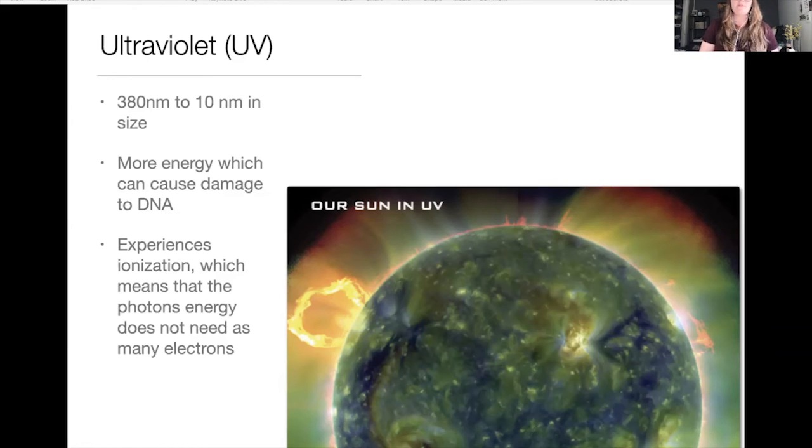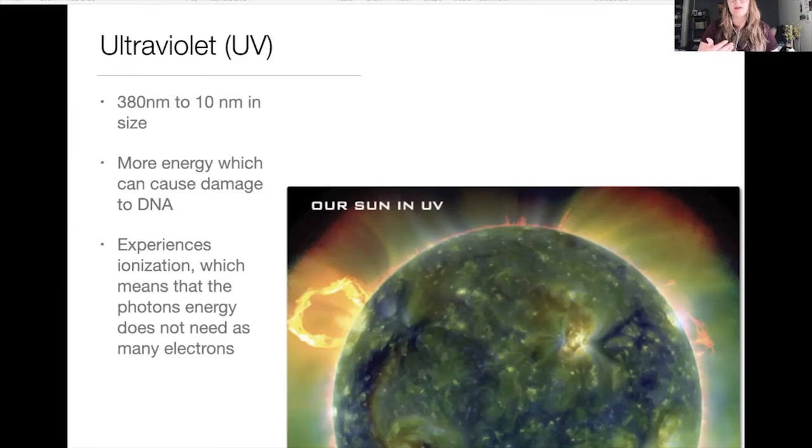UV has a lot more energy, particularly due to ionization, which is not really important, but I thought it'd be cool to mention. Ionization is when photons, which we talked about as the particles of light, interact with atoms.